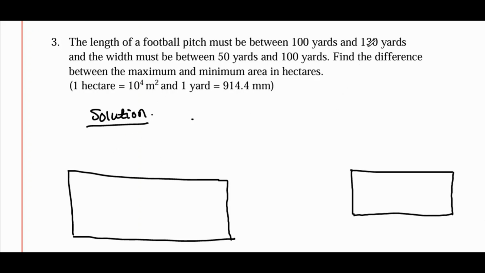Now the length of the larger pitch must be 130 yards, and the other one must be 100 yards. Now the width must be between 50 yards and 100 yards. So 50 yards must be the smaller pitch, and 100 yards the larger pitch.